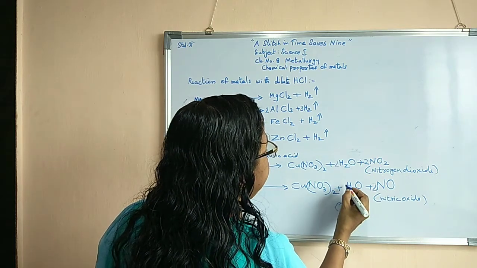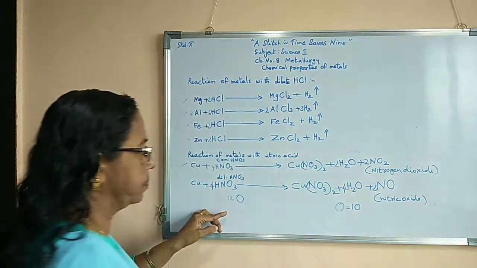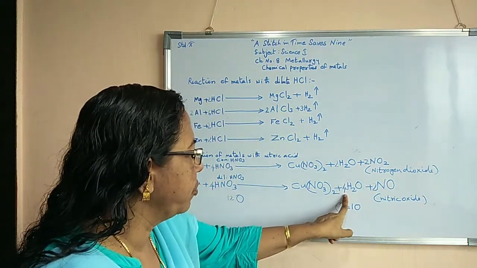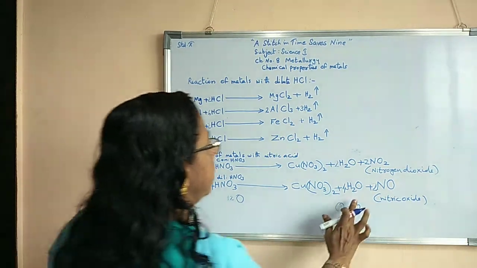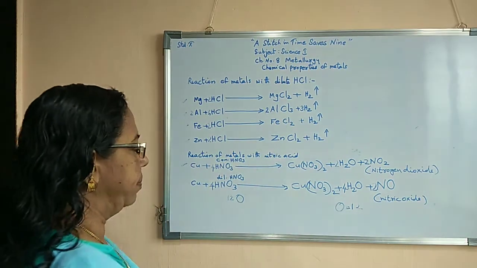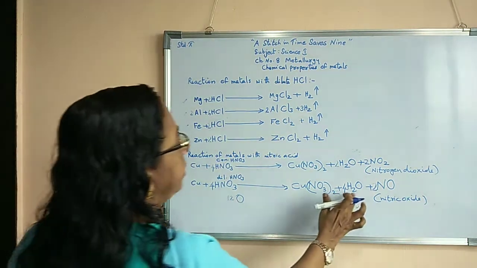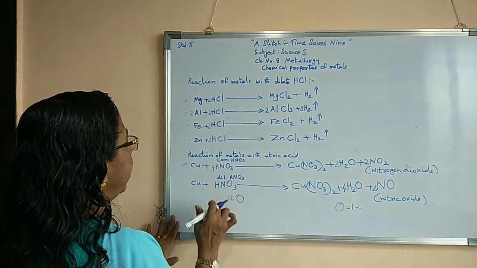So 2 already was there, now 2 more I added. So I made here now 4 hydrogen. For hydrogen's place I put 4 now. So as a result of it now oxygen's number here 12 became, here also 12 became. But problem, here hydrogen's number 8 became. So here I am putting now 8.